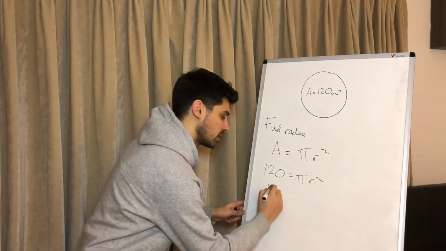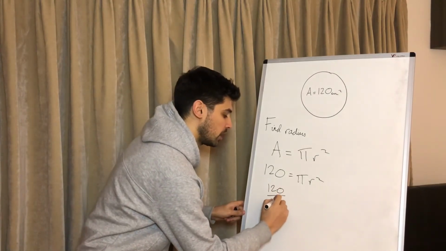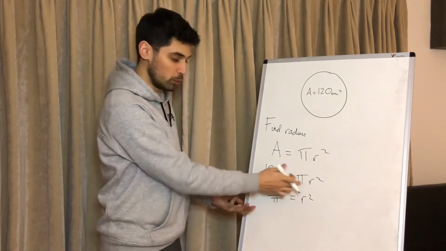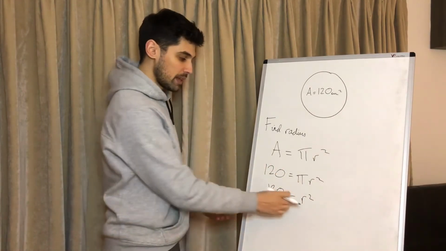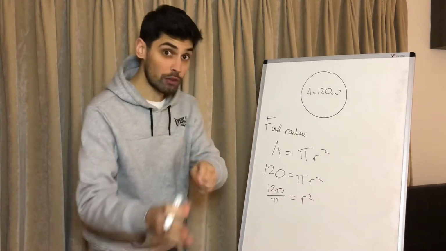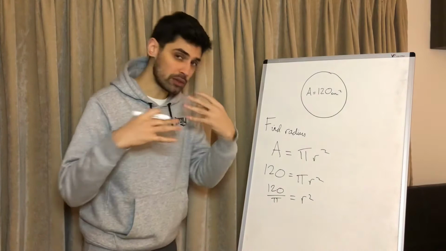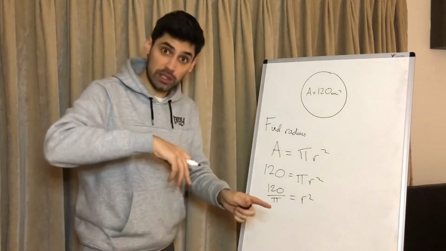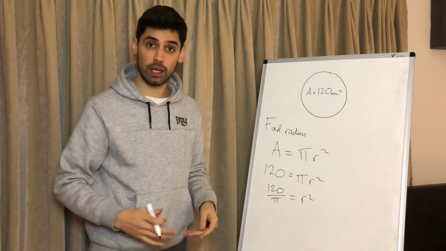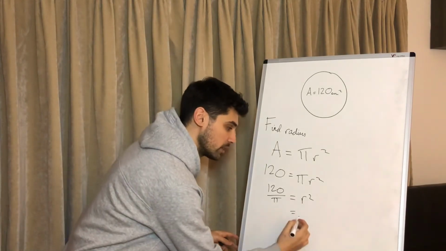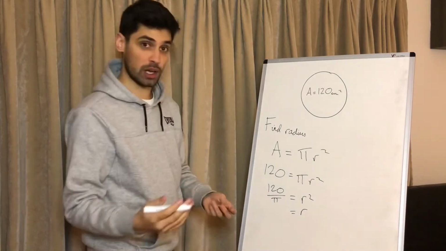So if we divide both sides by pi, that just becomes 120 over pi equals r squared, because the pi is now removed from that side. Then how do we remove a squared? We don't divide by 2. That's the most common answer. Don't do that. What's the opposite of squaring something? Square rooting it. So to get rid of this squared, we square root both sides. Therefore, when we square root this side, the squared disappears, just becomes r.